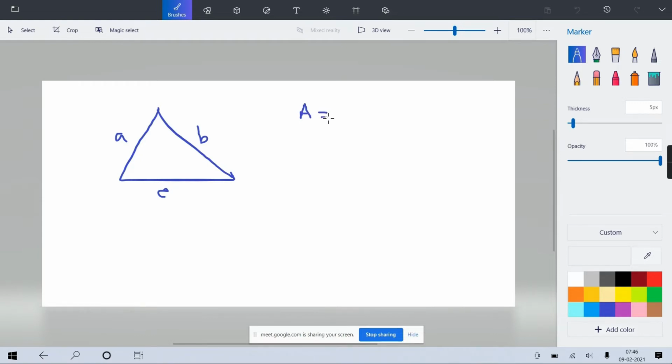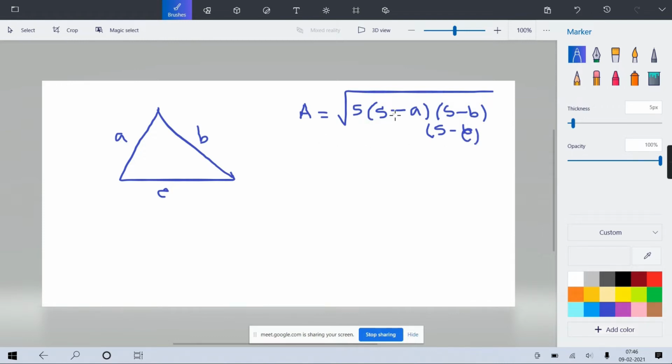Area is equal to S into S minus A into S minus B into S minus C. Heron's formula.